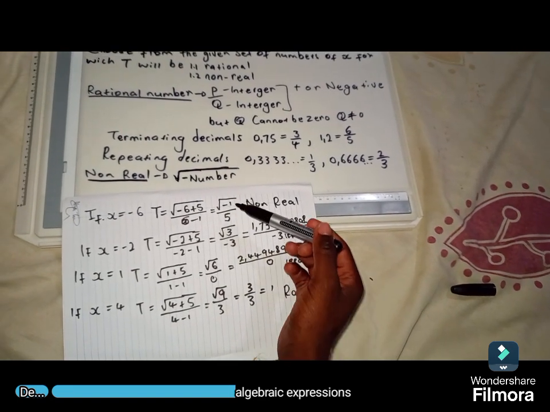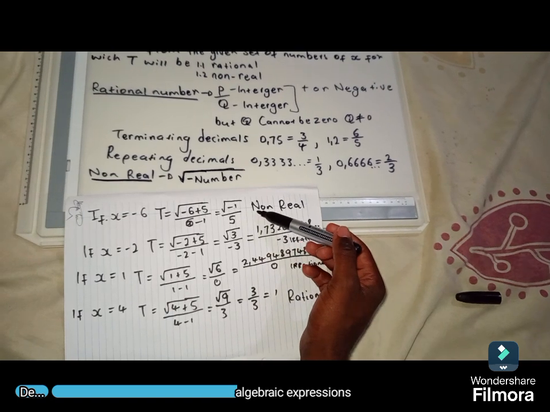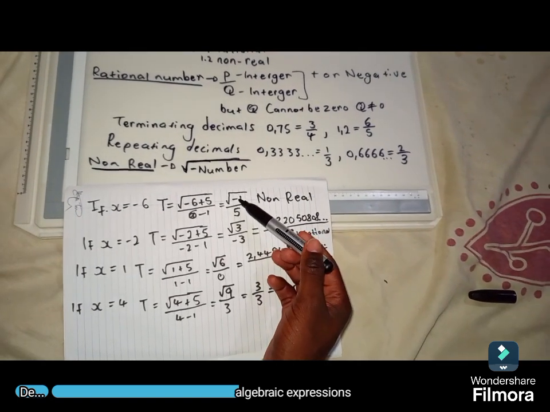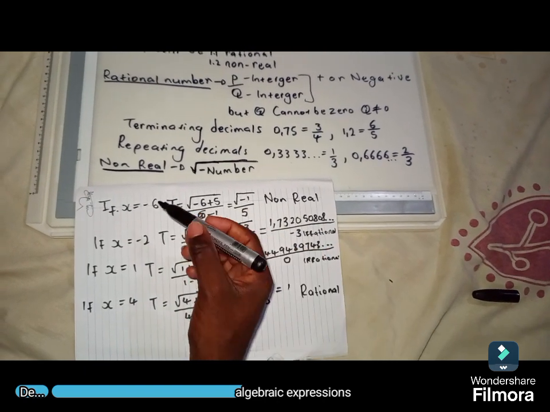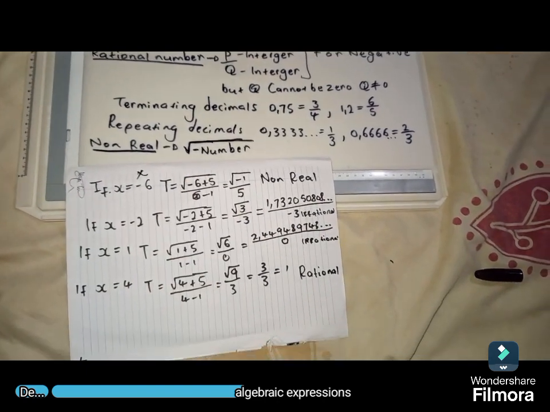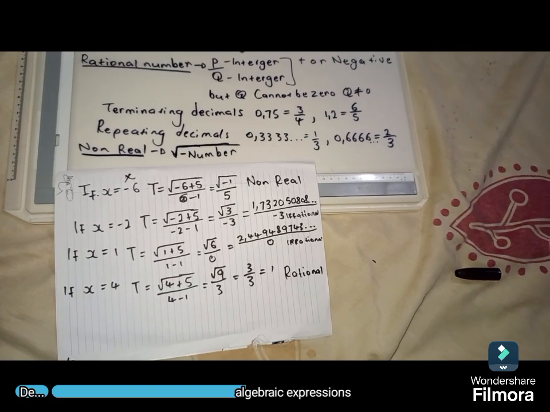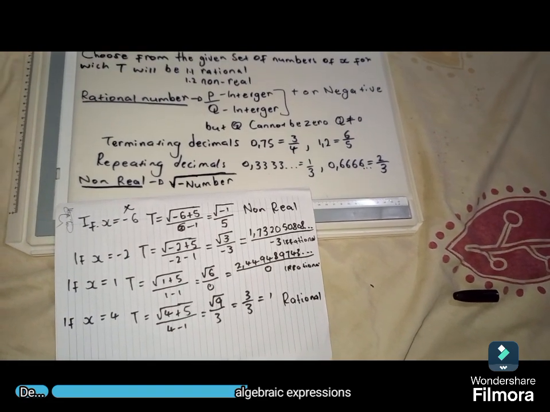This makes the whole thing a non-real number, just because we have a negative number under the square root. So -6 cannot make our expression rational.